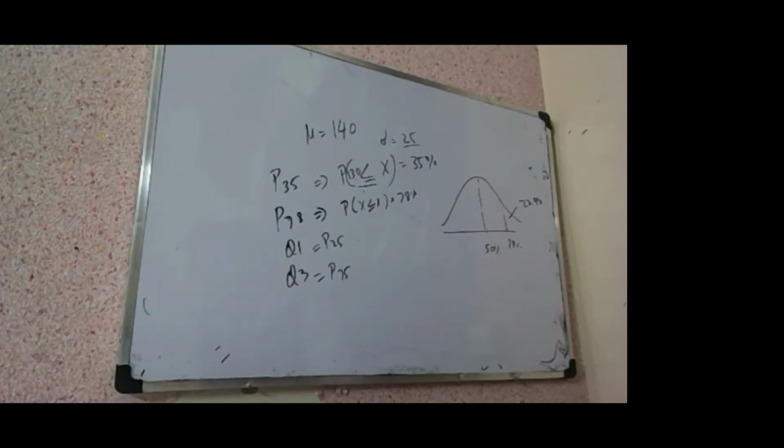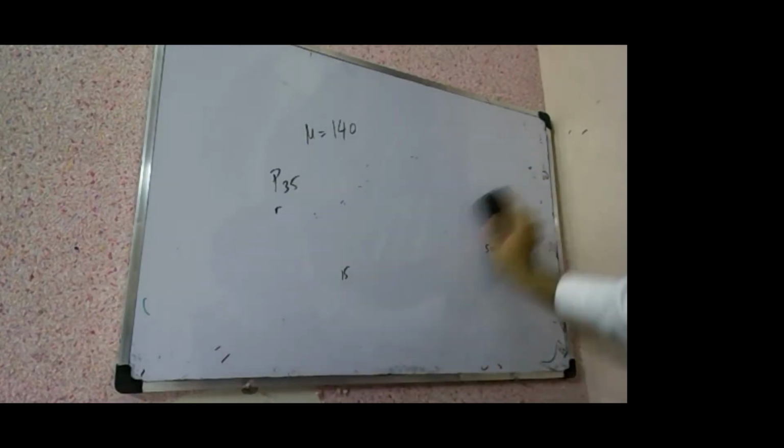The next question is a bit easier. Let's say sigma is given, but mu you need to find out. X is given, right?